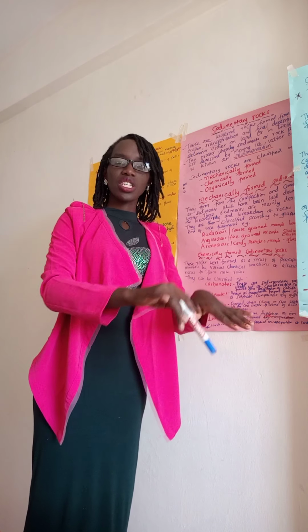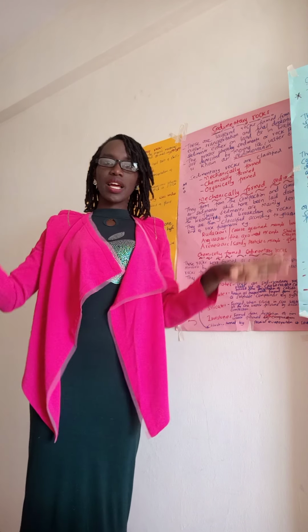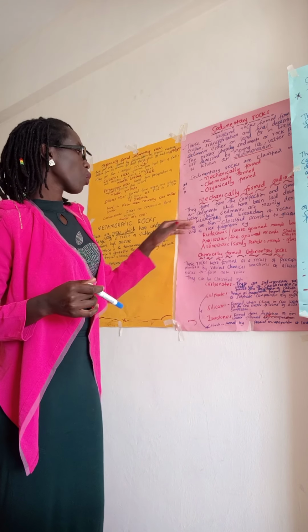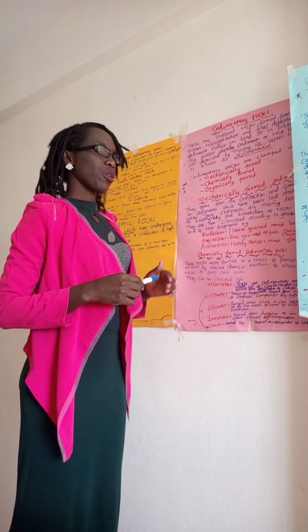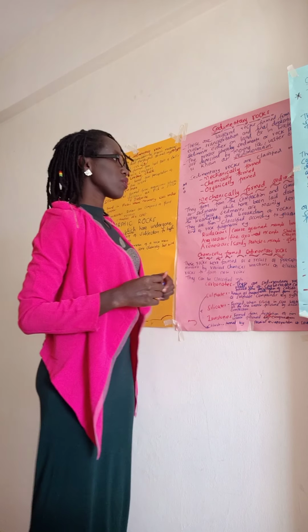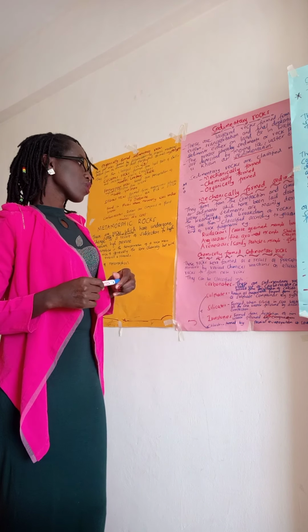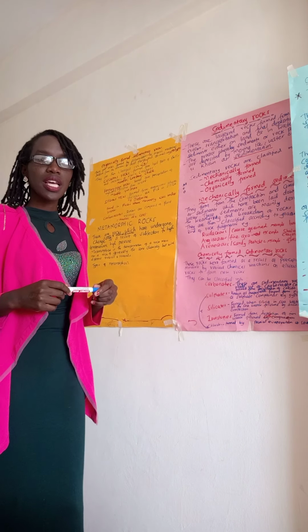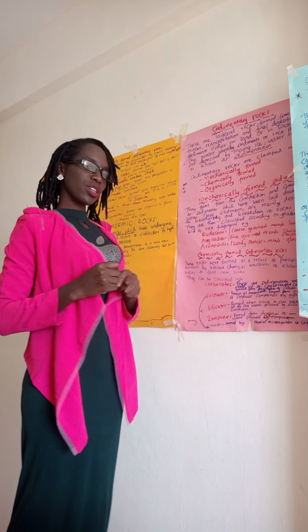And then they are deposited either in water or on the land. So the ones which are deposited in the water and they are compacted are known as the mechanically formed sedimentary rocks.